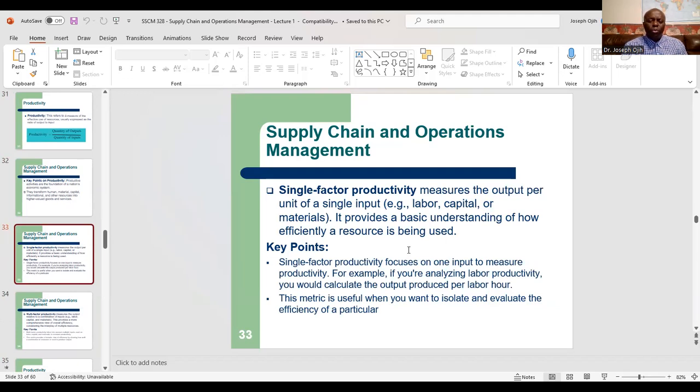This particular measure, which is the one we'll be focusing on tonight, is very useful when you want to isolate and evaluate the efficiency of a particular variable. In other words, single factor productivity helps us understand how efficiently a resource is being used by a company, a corporation, or a country.